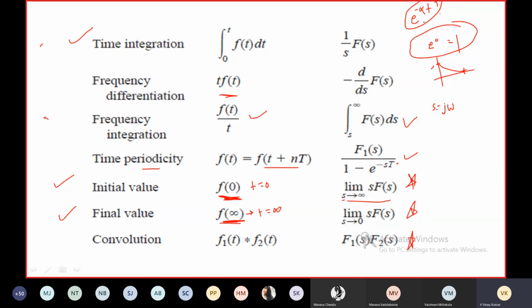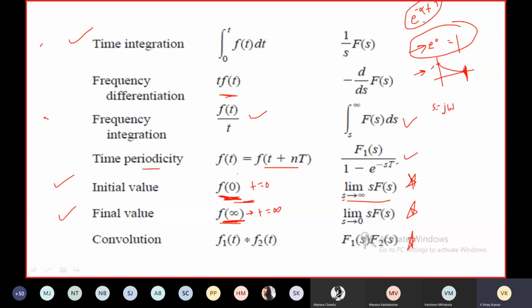At t is equal to infinity, the value is 0, because e power minus alpha into infinity means the value would be 0. So if f of t is equal to e power minus alpha t, then f of 0 is e power 0, which is 1, and f of infinity is e power minus infinity, which is 0.